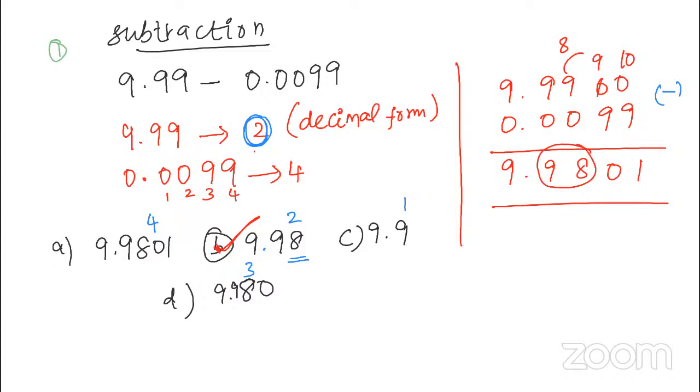So the decimal form should be 2, that is the least number. So we have to stop there at 2 decimal places. So the answer should be 9.98. Okay. So it is easy.